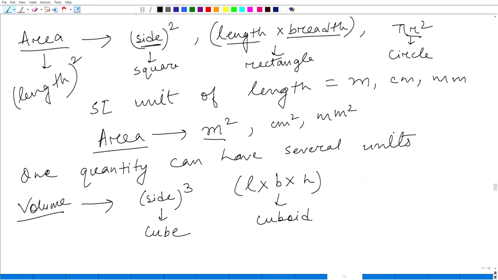When we are talking about the volume of a sphere, we have 4 by 3 pi r cube. So, everywhere when we measure volume, some quantity of length is raised to the power of 3. Since the unit of length is meter, we can call the unit of volume meter cube, or meter to the power 3.